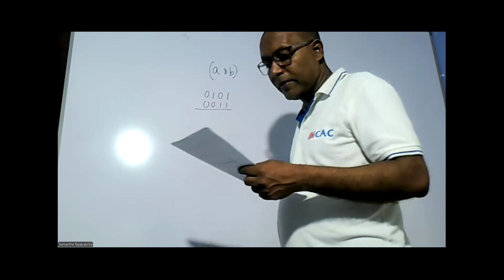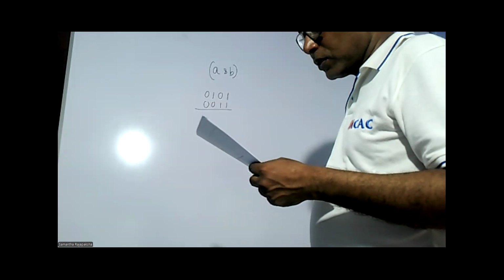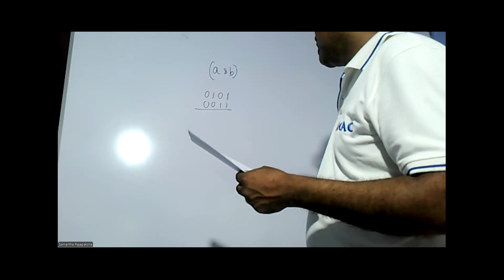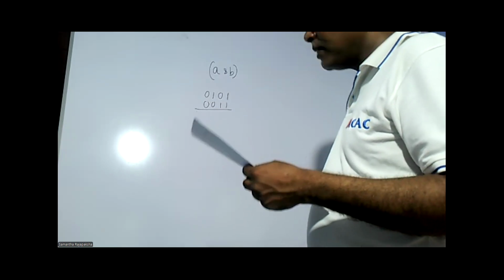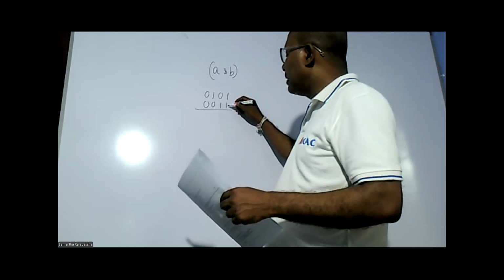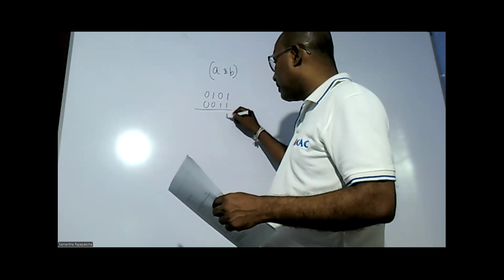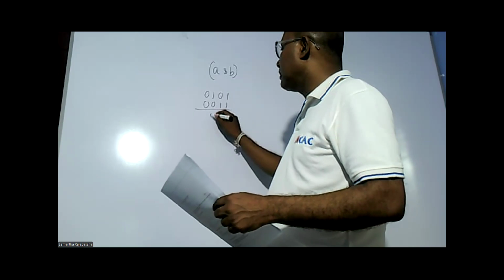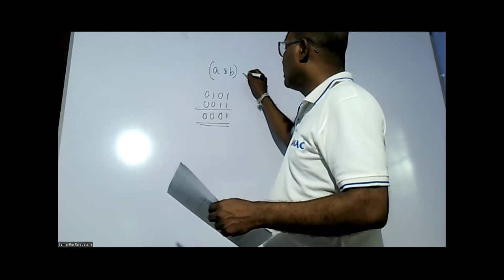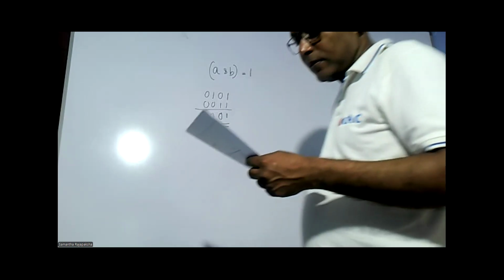If you want, you can just divide by 2 to get the answer. AND operation means the truth table of the AND: 1 and 1 means 1, 0 and 0 means 0. Therefore, this part is equal to 1.